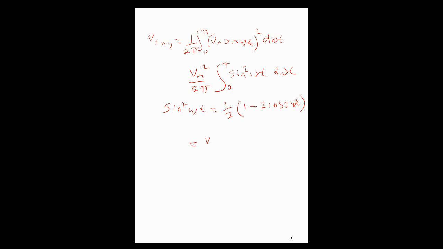So that's Vm square over 4 pi, and this is with respect to d omega t.